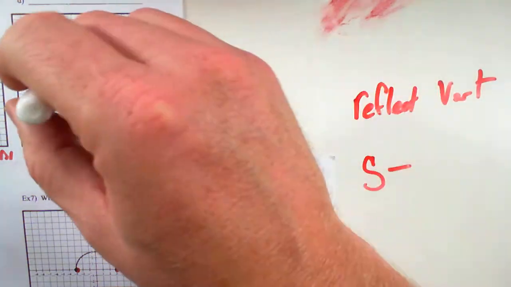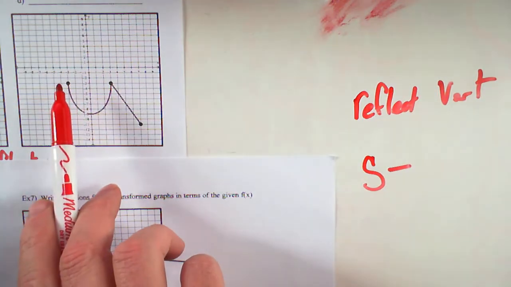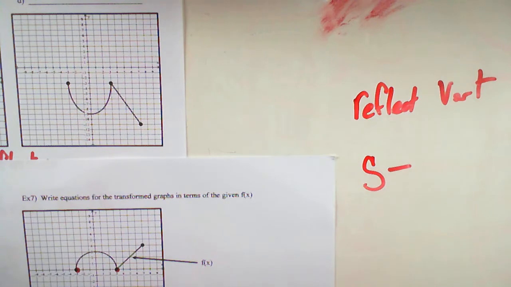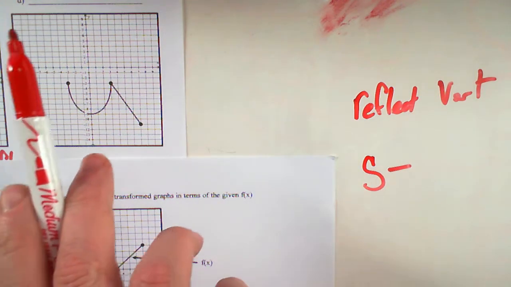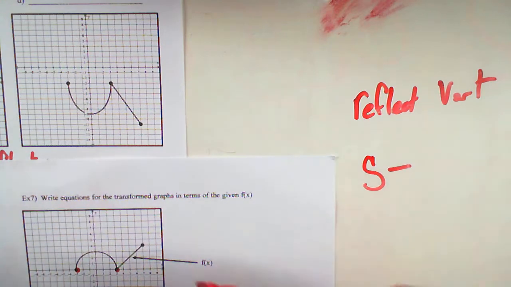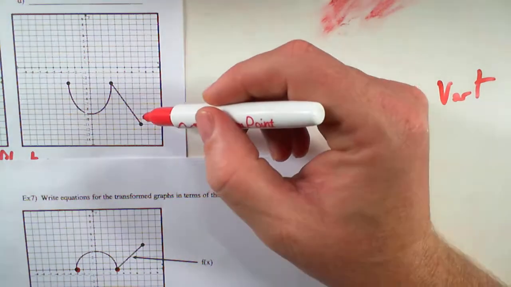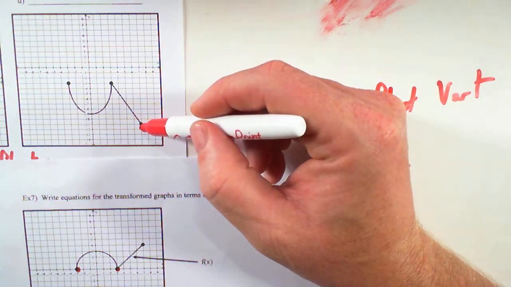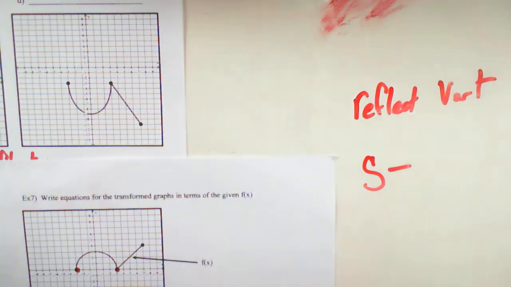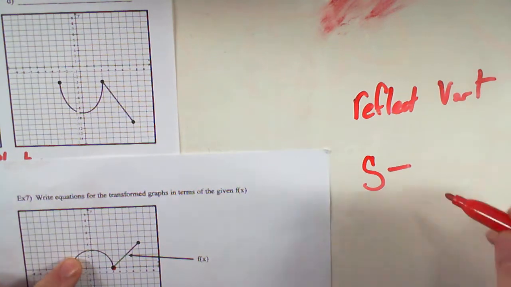Stretching. We already said horizontally it's going from -3 to 7, just like it has in every other problem. So there is no horizontal stretch. Vertically, we're going from -11 to -3. So that's a difference of 8, where here we had a difference of 4.